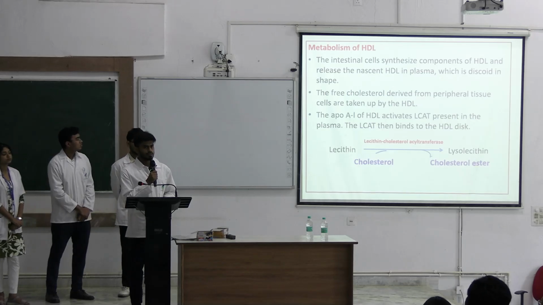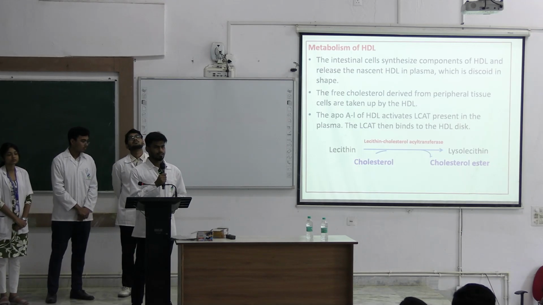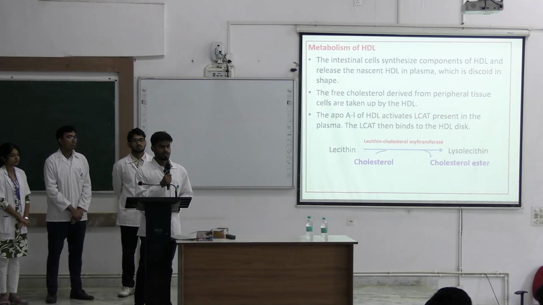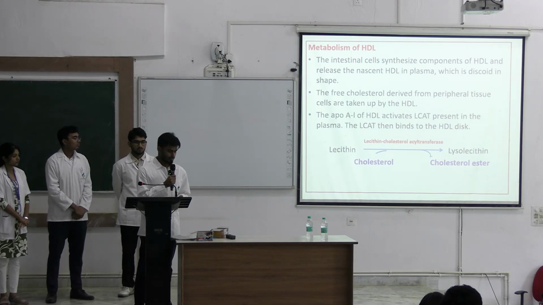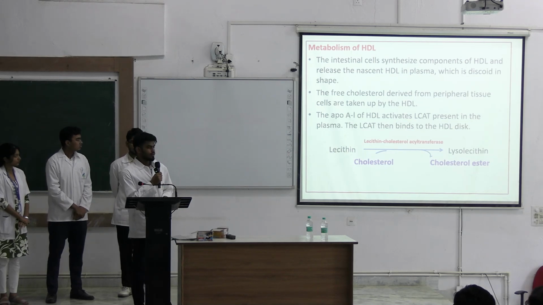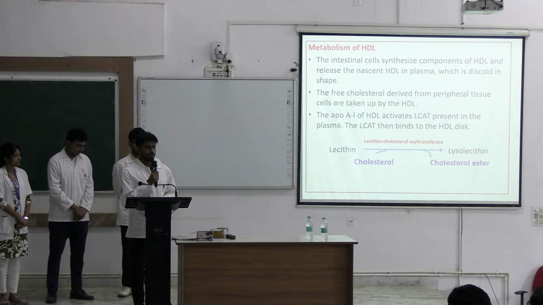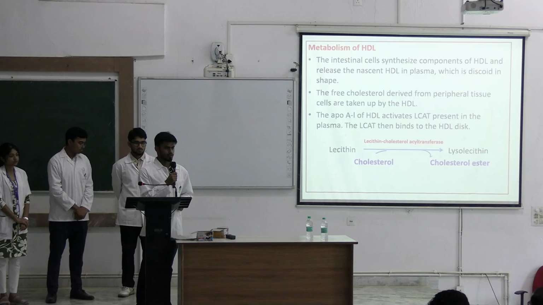Synthesis. HDL can be synthesized by both the liver and the intestine, and it is synthesized as nascent HDL. It is discoid in shape. Then in the maturation part, from the peripheral tissues, the cholesterol comes by the scavenger receptors and by the ABC receptors.